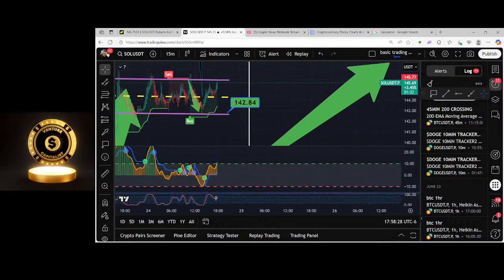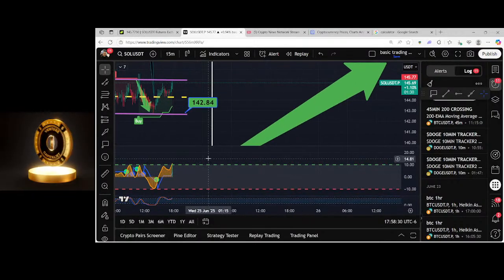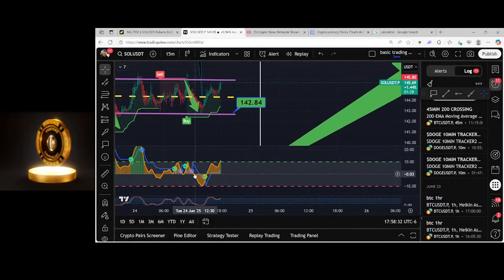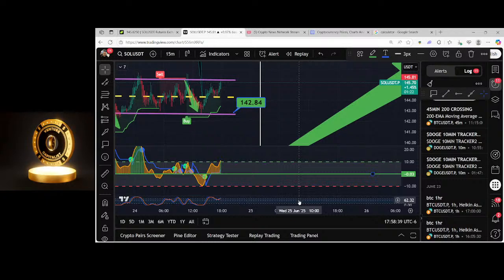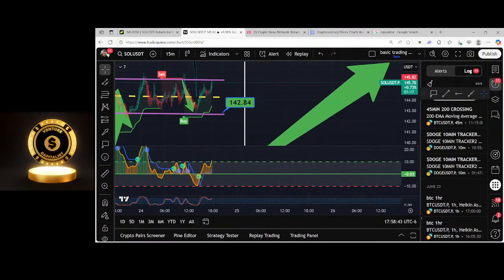Now this is part of understanding volume. You see how there's a line right here in the middle. I'll put a white line, which separates the top and the bottom. You see that green line? When the volume is above it, this is when we're buying. When it's below it, that's the sell.